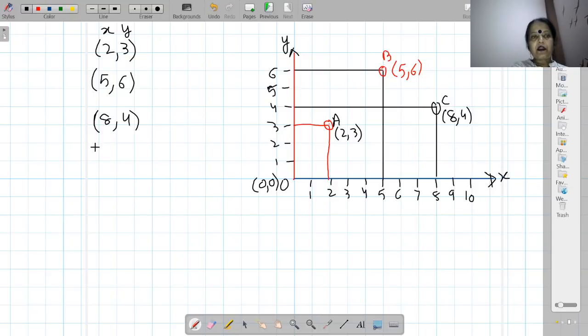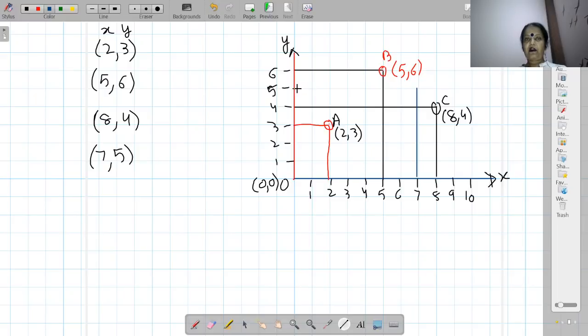Next coordinate, if I take it as 7 and 5, let's go for 7 and 5. देखते हैं how we will make it, 7 and 5. So 7 will be x-axis. So from 7 we will move like this and up to where? Y value is 5.